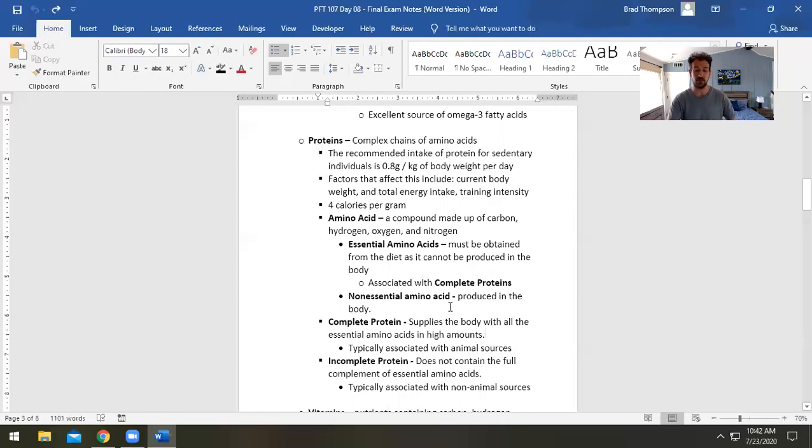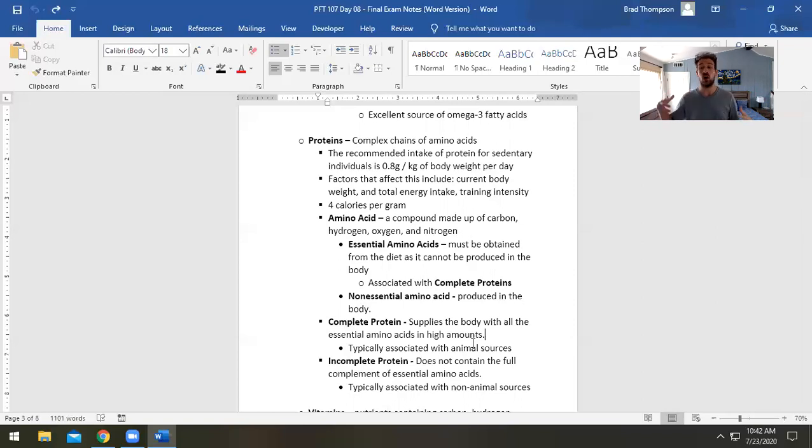Now, an incomplete protein is one that is missing one or more of those essential amino acids. These are typically associated with plants. They usually have really, really low levels of certain amino acids. So that's what we consider an incomplete protein. Now, you can absolutely complement 2 incomplete proteins together to make a complete protein.